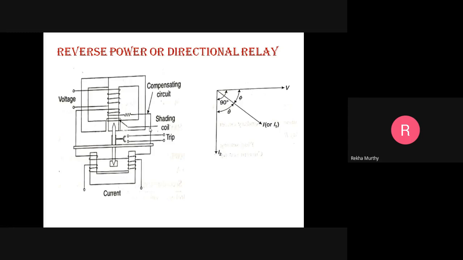The load current I1 lags V by an angle of ψ.